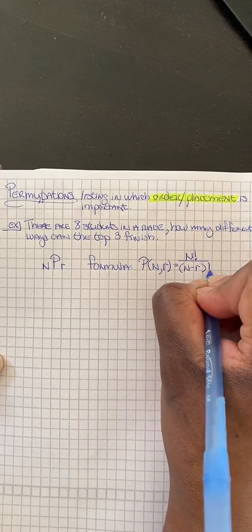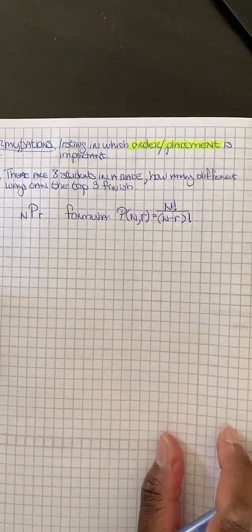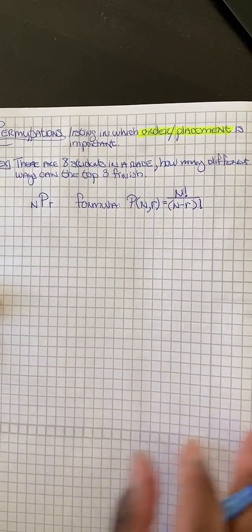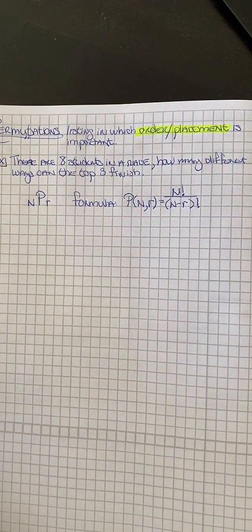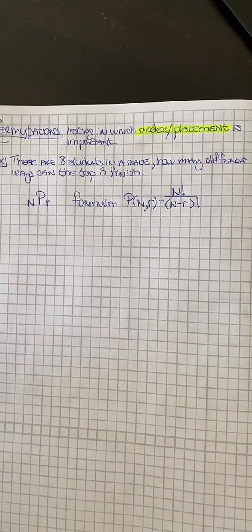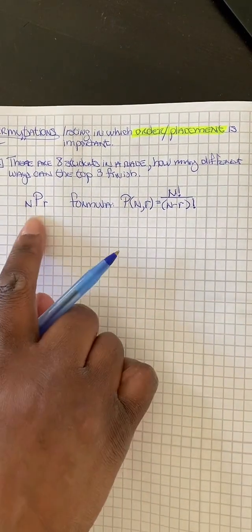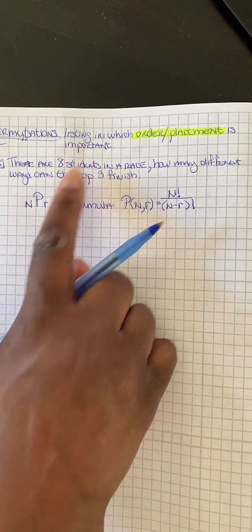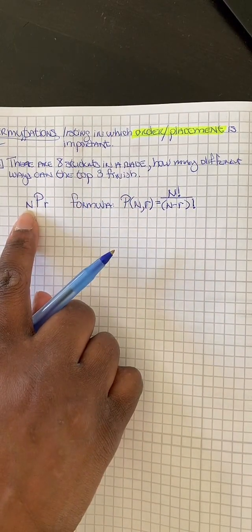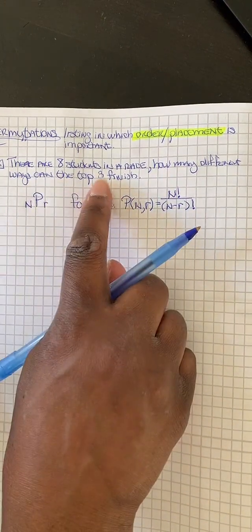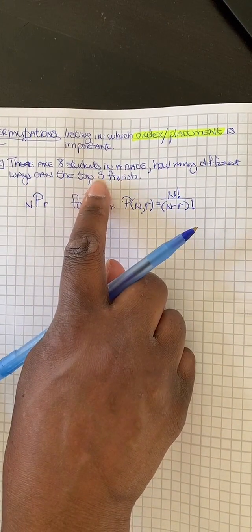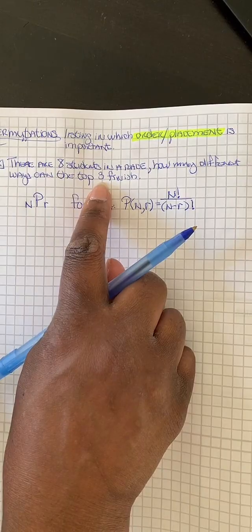You see why we had to do the factorials? Because in order for you to understand the formula, you had to go into the factorials, because that's going to tell you your grouping. So if we have 8 students, that's going to be your n, and the different ways of getting the top 3 finishes, that's your r.